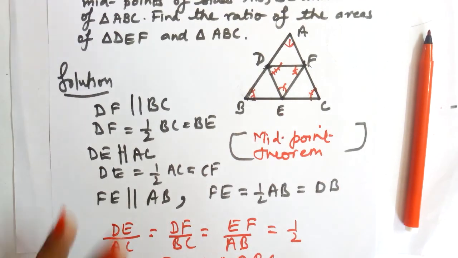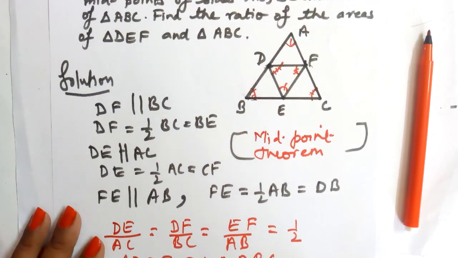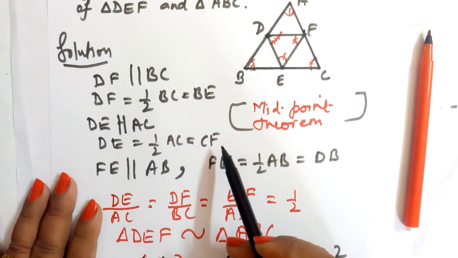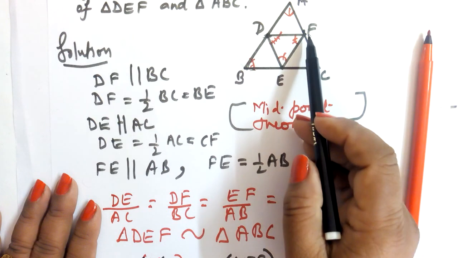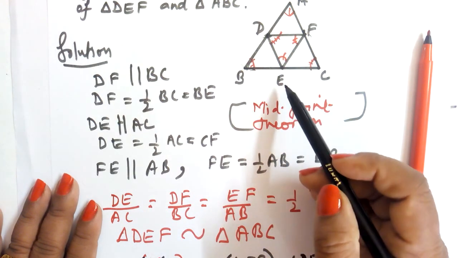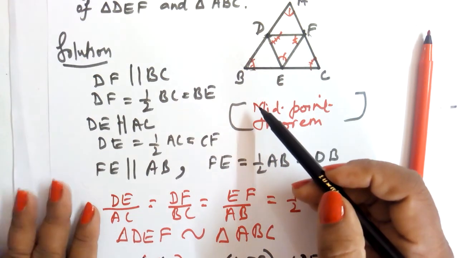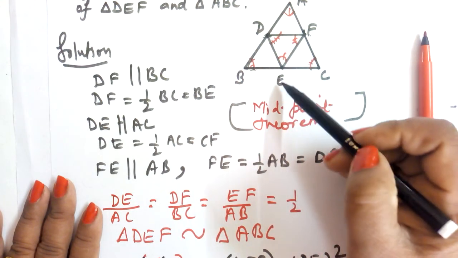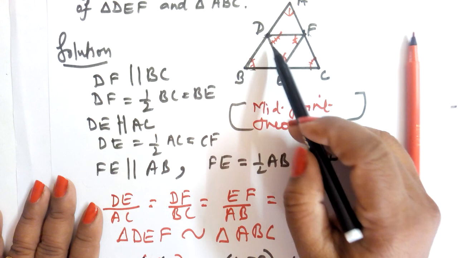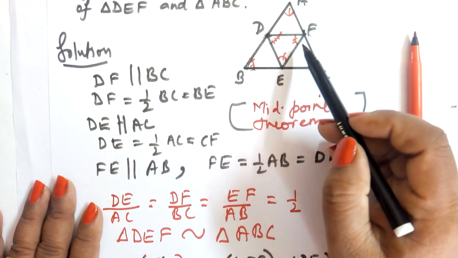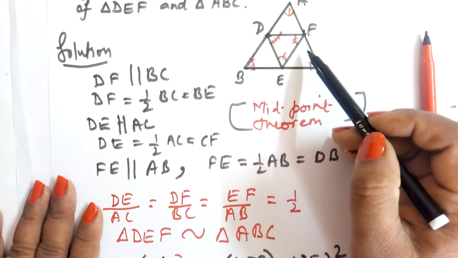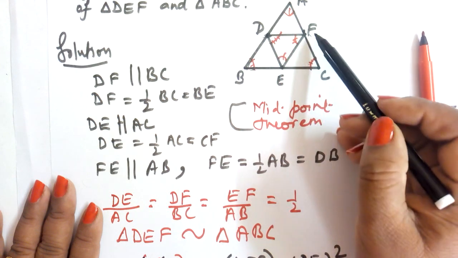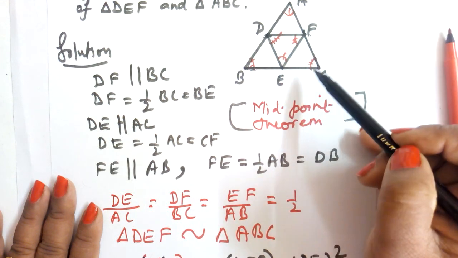I told you two different methods for this question because first of all we have to apply the midpoint theorem, since D, E and F are the midpoints of their sides. Either we can use that DF is parallel to BC and EF is parallel to AB, so by using the parallelogram we can say that opposite angles are equal to each other, so triangle DEF is similar to triangle ABC.